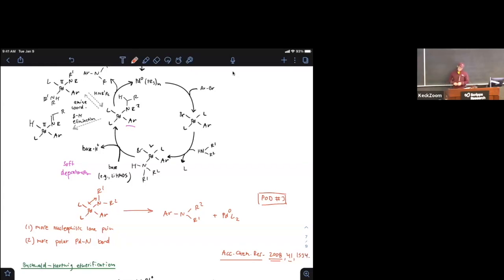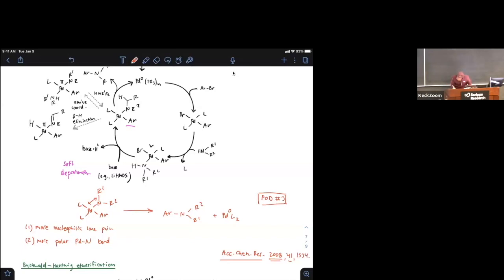Distinguishing between these pathways directly is challenging, because any change you make to R1 or R2 not only affects the nucleophilicity of the lone pair, but also affects the palladium-nitrogen bond strength.